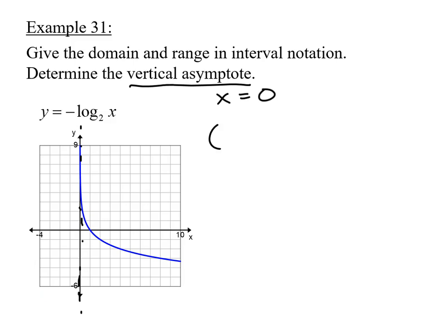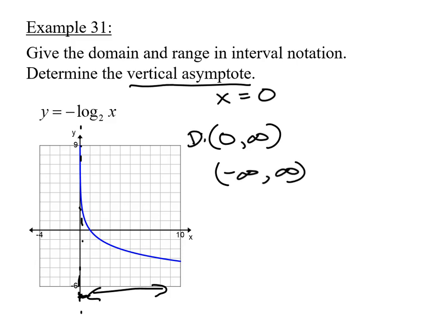Well, it goes up to but doesn't include 0, and then it goes to infinity to the right. So again, we're looking like this way. It bumps up against that x equals 0 on the left side, but on the right it's unbounded. And then for the y, it's going to go from -infinity to infinity. So this is your domain, and this is your range.